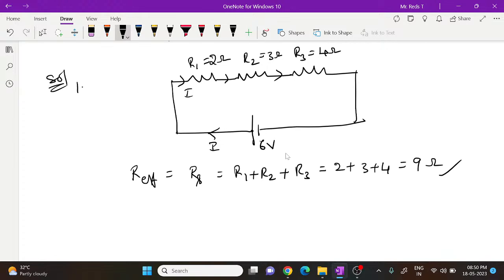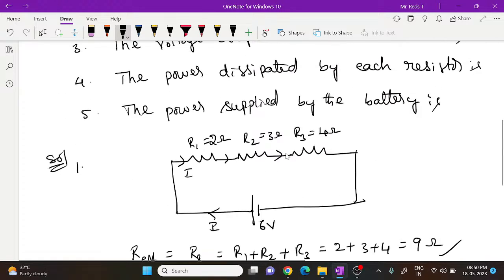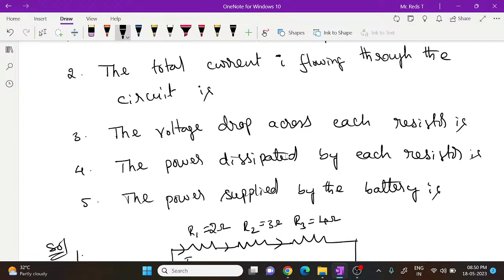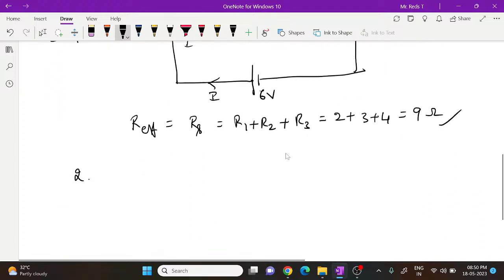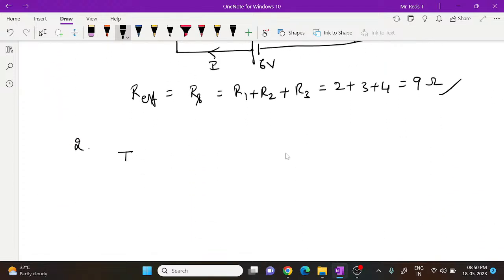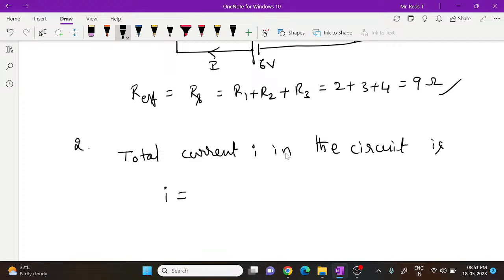Next, the second part: the total current I flowing through the circuit is given by Ohm's law, I is equal to V by R.